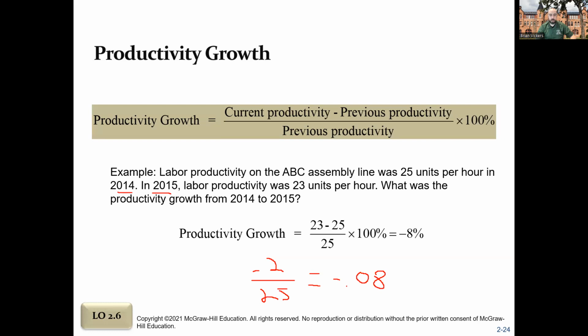So 0.08, you move it once, you move it twice, and that tells you what the percentage is. This kind of looks like a wonky cat face as an aside, if you look at the whiskers. Anyway, you move the decimal point 2 times for the 100. There's a 0 and a 0. Every 0 is moving the decimal place one time. So that's why your book has this in there, to show you how you change a decimal point to a percentage.